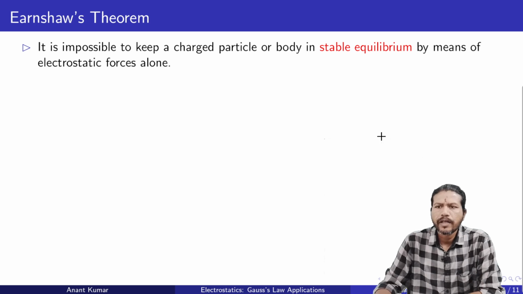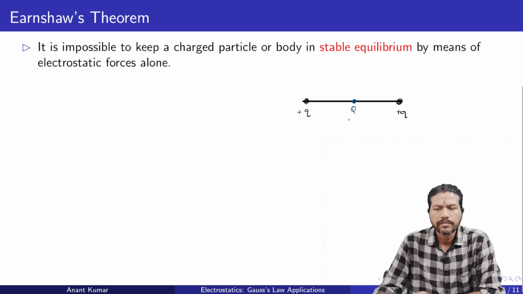For example, if we just keep 2-point charges at two fixed points, say both identical, plus q and plus q, we notice that if I put a third charge in between them at the midpoint, this third charge is going to be at equilibrium because it is equally repelled by the charge plus q on either side. The charge on the left repels the middle charge towards the right.